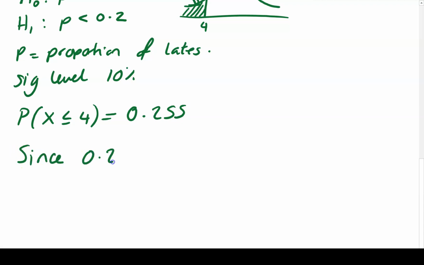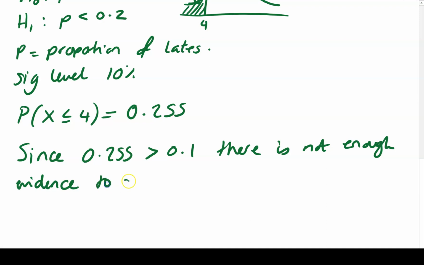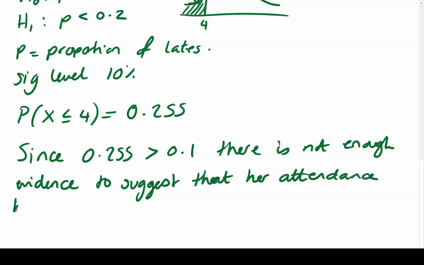So we say that since 0.255 is less than 0.1, or 25, greater than, there is not enough evidence, trying to scribble, evidence to suggest that her attendance has improved at the 10% sig level.